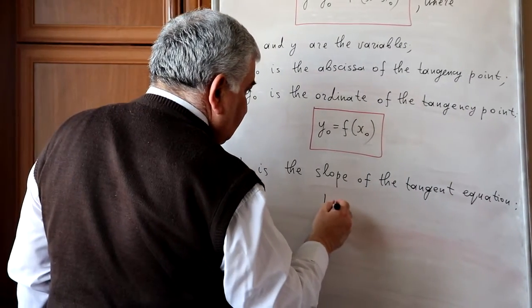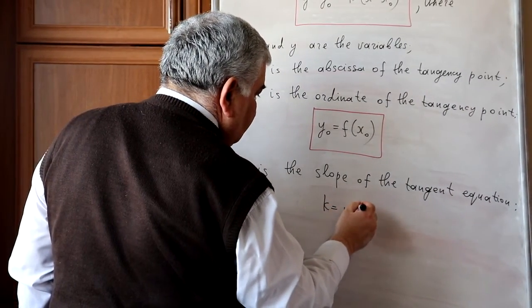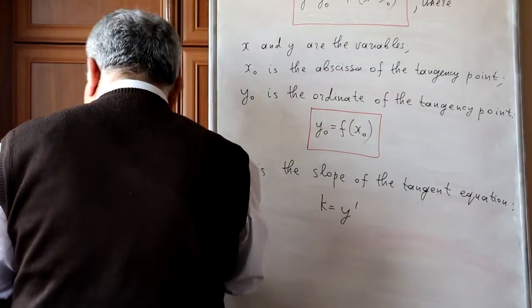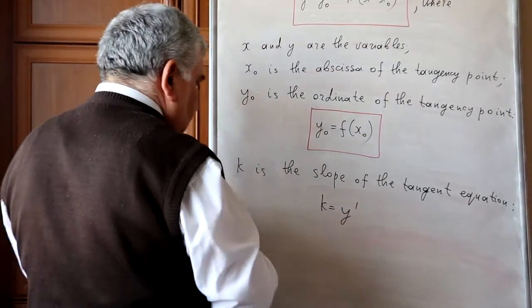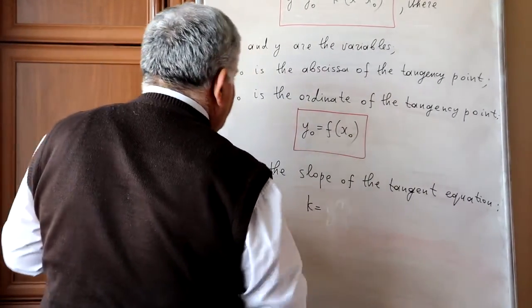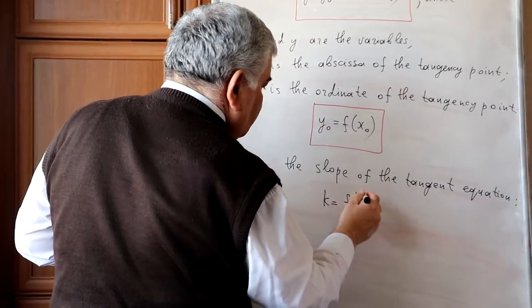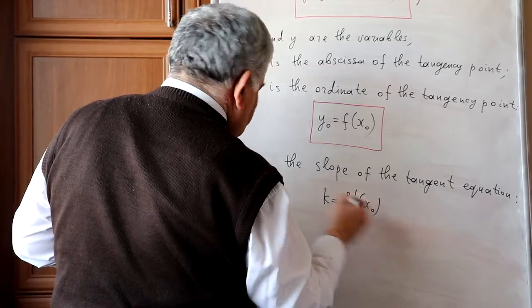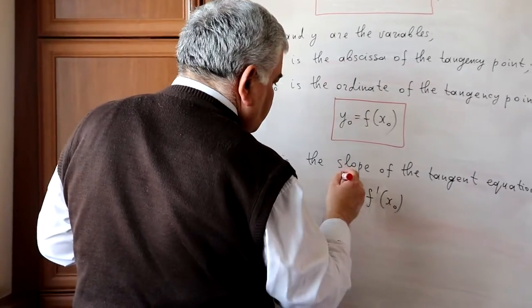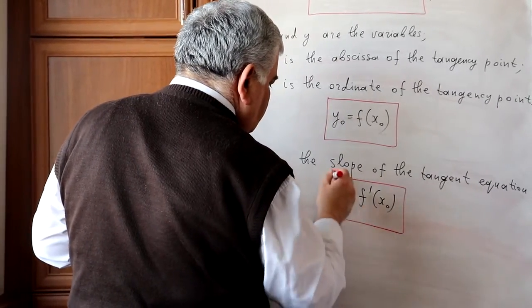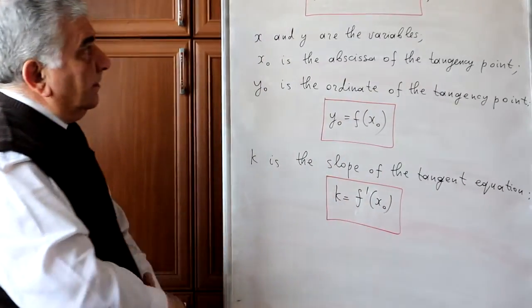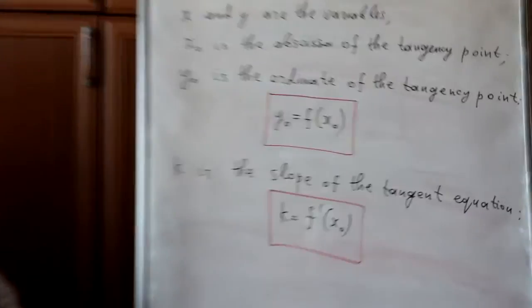K is f prime at x sub 0. It is the equation of a tangent.